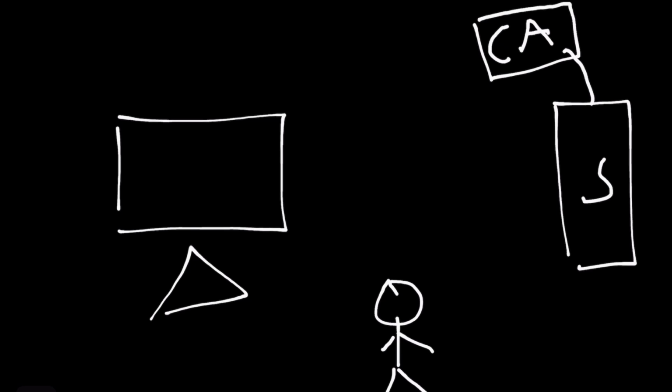And how does this thing happen? So the server will send its public key to the CA, the certification authority, and the certification authority will add its private key to the server's public key and take information about the server to check if the server is actually who he is saying he is.